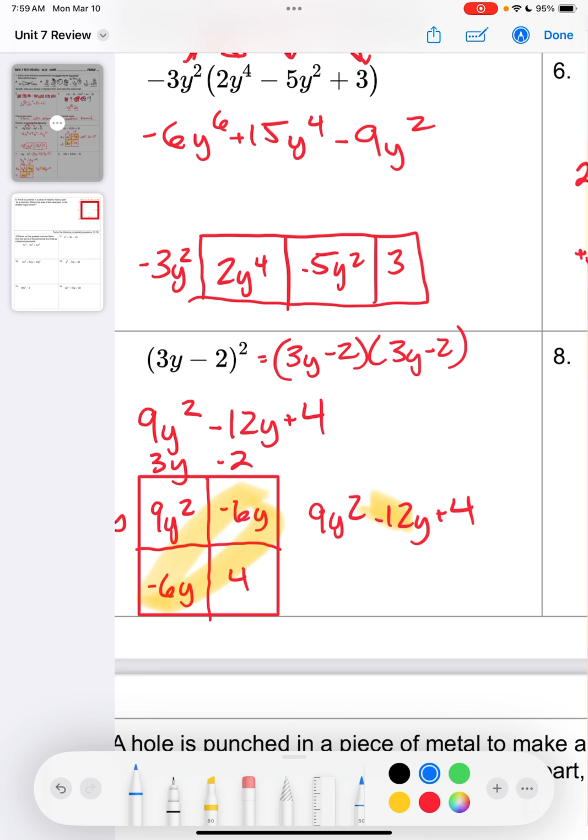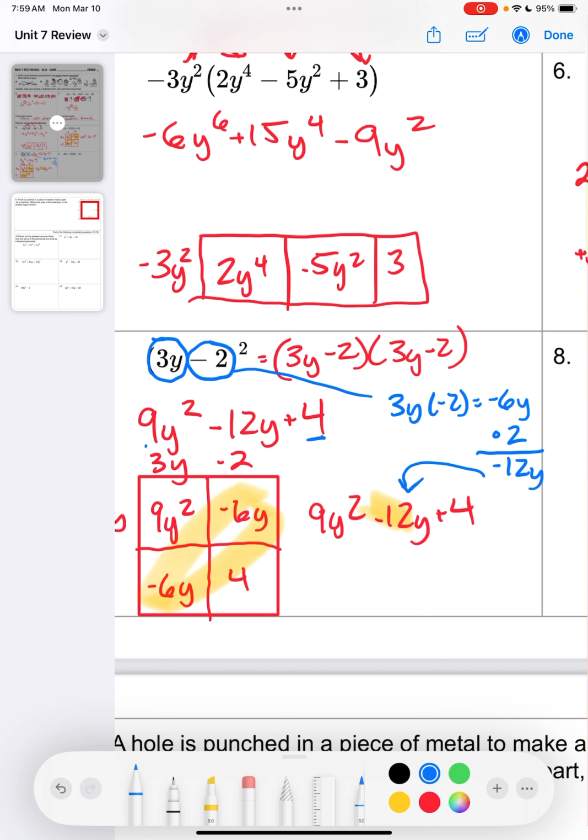Shortcut was square this, which gives us 9y squared. Square this, which gives us the 4. And then multiply 3y times -2, which was -6y. And then we multiply that by 2, which gave us -12y. That was your middle term.